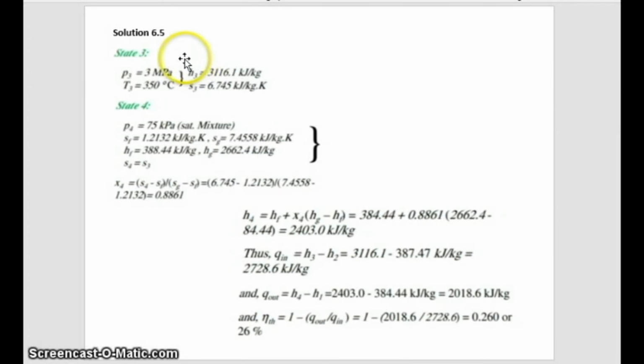Step number 3, that means at the exit of the turbine, P3 has been given, T3 has also been given.